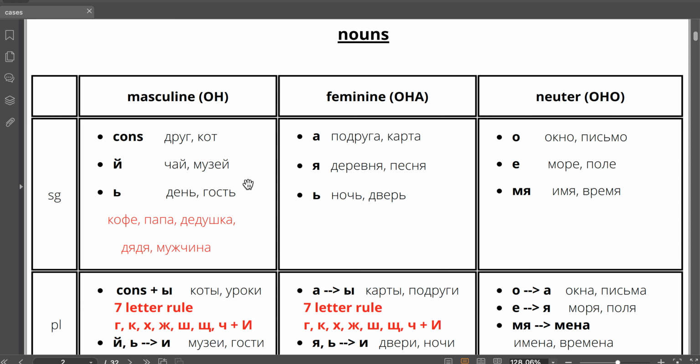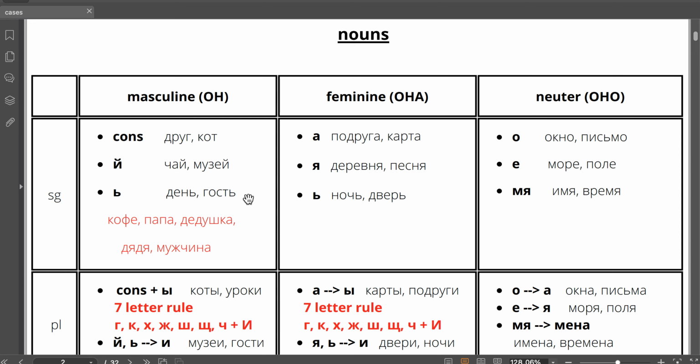How you can work with your imagination, how you can really memorize it easier. So I can just show you some example, but of course you can apply your own rules. For instance, the word day, день, is masculine, and the word night is feminine. You can think about, when you go to work, probably your boss is a man. Probably. I don't know. I have no idea. But maybe he's a man.